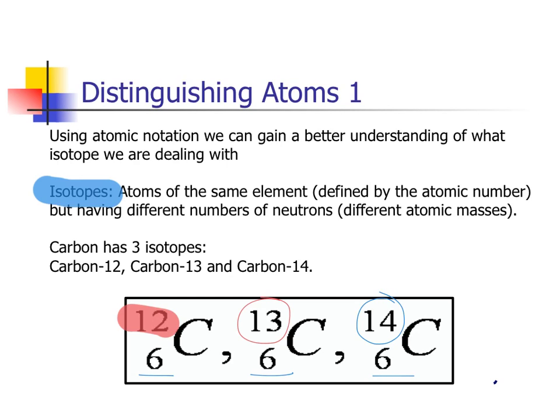Other common ones that we see would also be hydrogen. Hydrogen has hydrogen 1. Then you have deuterium, which is essentially hydrogen 2. Tritium, which is hydrogen 3, are also some very common isotopes that we see.